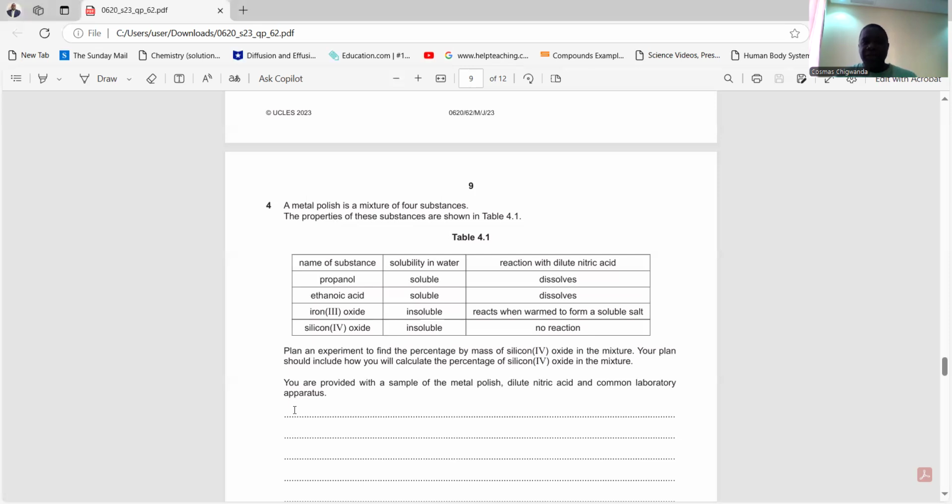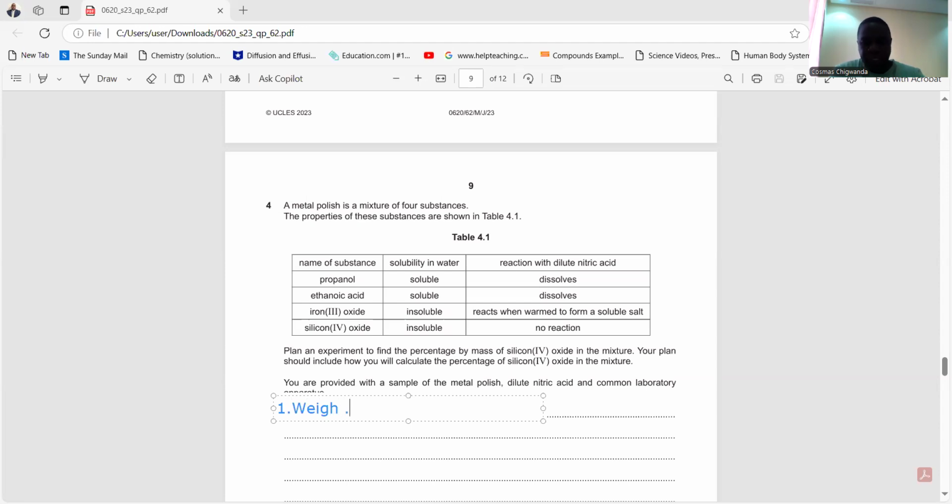For instance, if you are going to do this one, you have to start by telling us that you are supposed to take a known mass. So my very first stage, stage number 1, I'm going to say weigh.